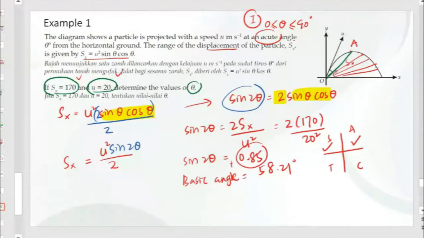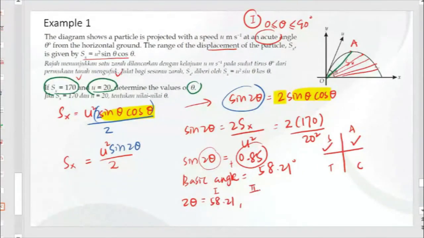But just now I said the second quadrant, and the value is for the first quadrant only, right? But you watch out here, because it's 2 theta. Later your value has to be divided by 2, right? So you cannot take only one. You need to do both, first and second. So you get the 2 theta first. 2 theta equals, for the first quadrant, 58.21.